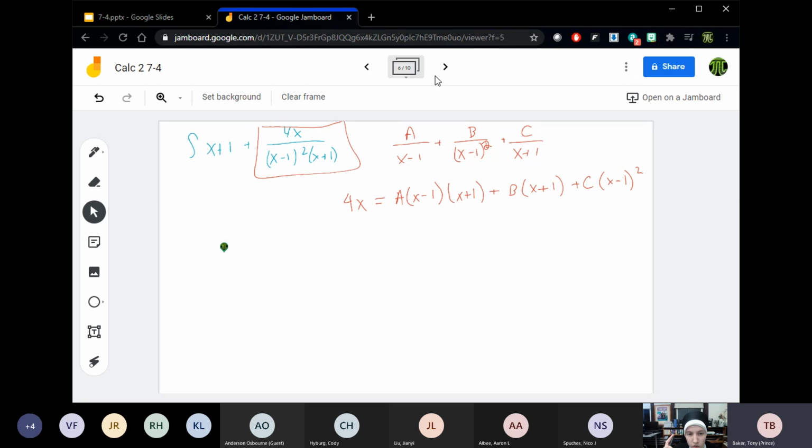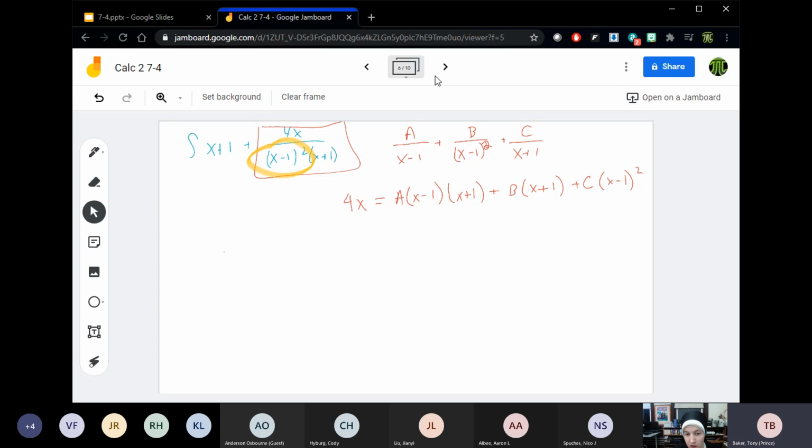Hold on, let me move my mouse pointer out of the way. Where did it come from? Like, I see it under the 4x, x minus 1, and I see x plus 1. Yeah, there was a square next to that x minus 1 squared. Okay. So, right, hold on. But then when it got split up, it would just be... So that's the x minus 1 squared. Uh-huh, so it's 2 x minus 1s.